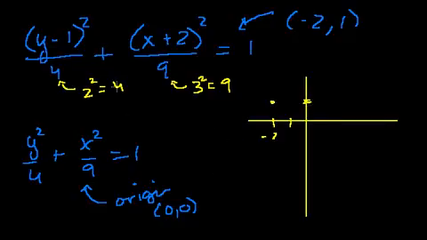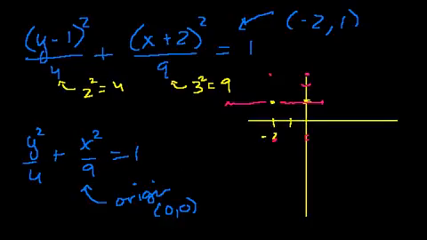And now in the x direction, my x radius is 3. So the ellipse will go 3 in that direction. This is its widest point. And then in the y direction, it'll go 2. So it'll go up 1, 2, so that's there. And then 1, 2, and it's there.